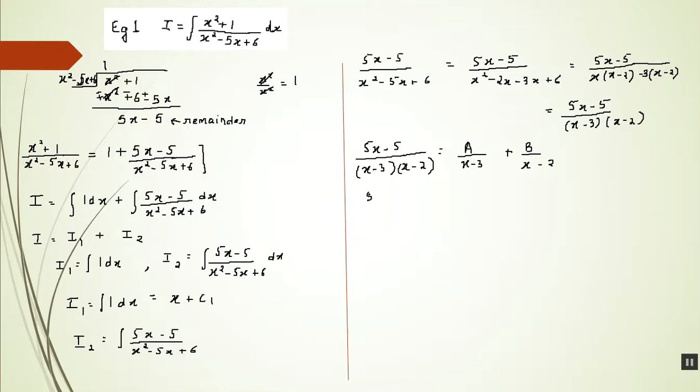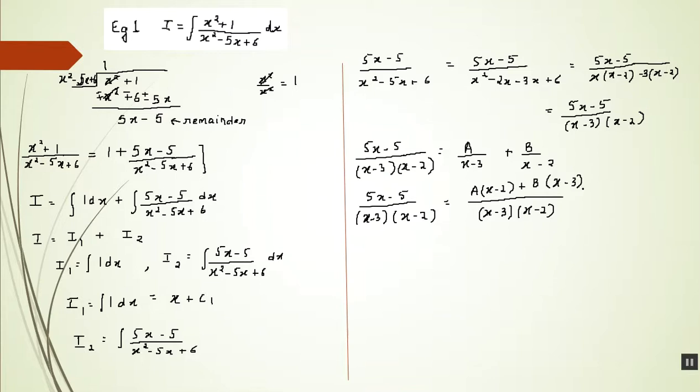Therefore, (5x minus 5) divided by (x minus 3) into (x minus 2) is equal to, I'll take the LCM here, (x minus 3) into (x minus 2), and at the numerator I'll get a into, since I've already got x minus 3 here, x minus 2 here, plus b into, now I already got x minus 2 here, so I get x minus 3 here, right?